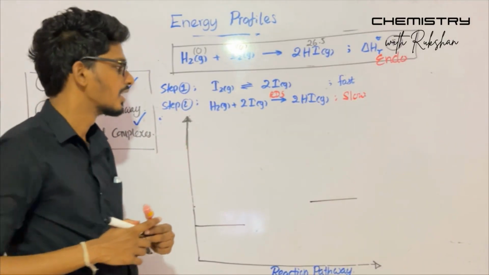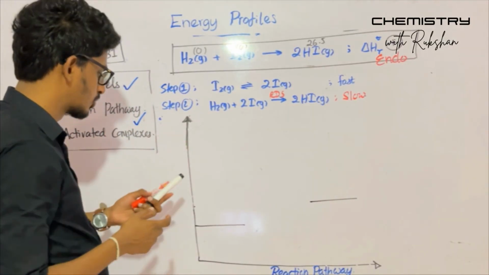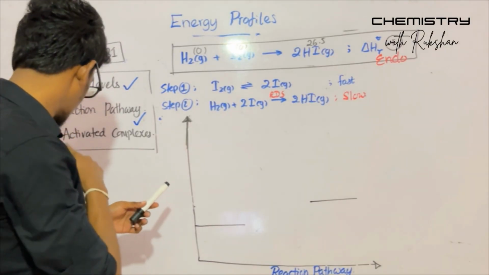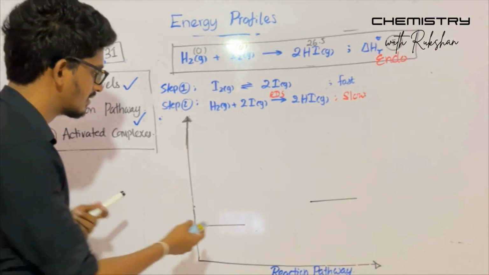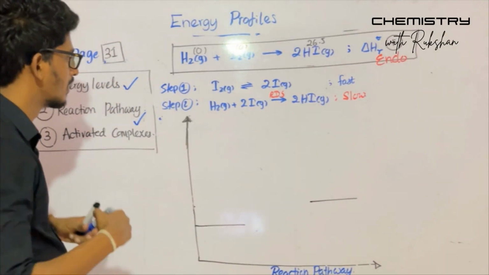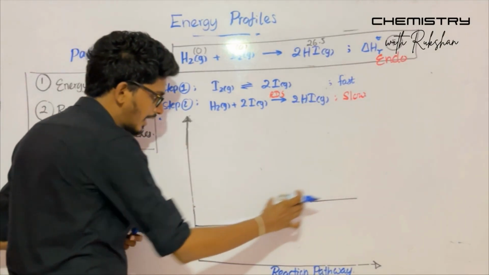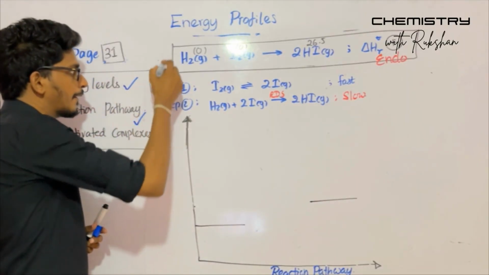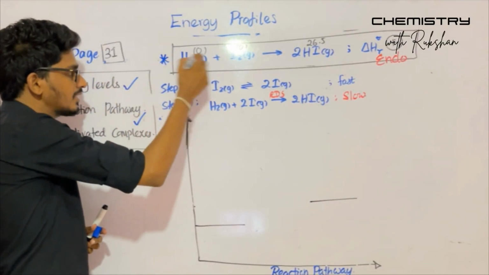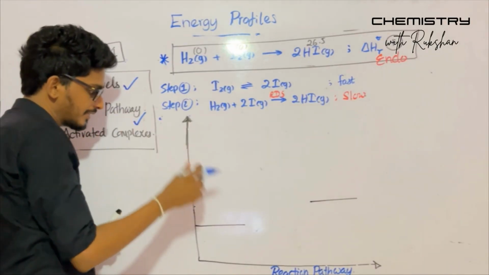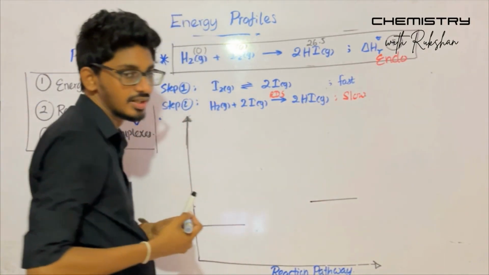Then we are going to come up with the chemical species at these two energy levels. These are written by looking at the overall reaction, the reactants and the products.